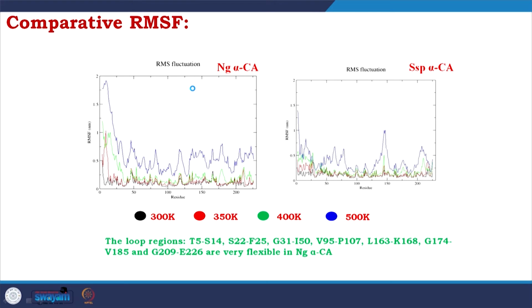In the loop region, threonine 5 to serine 14, serine 22 to phenylalanine 25, glycine 31 to isoleucine 50, valine 95 to proline 107, leucine 163 to lysine 168, glycine 174 to valine 185, glycine 209 to glutamate 226 are very flexible in Ng alpha Ca, which is the loop region.